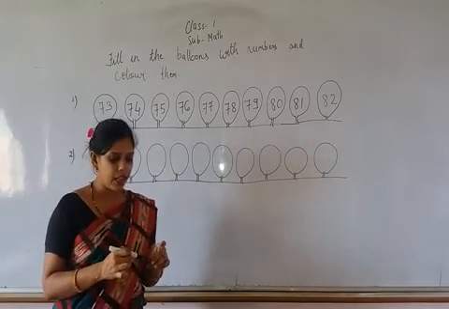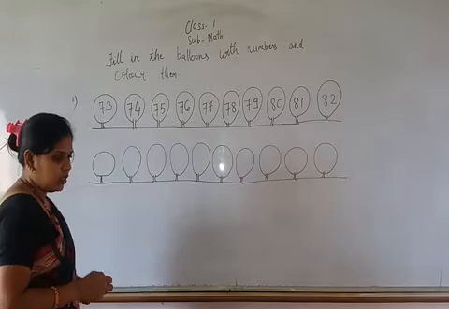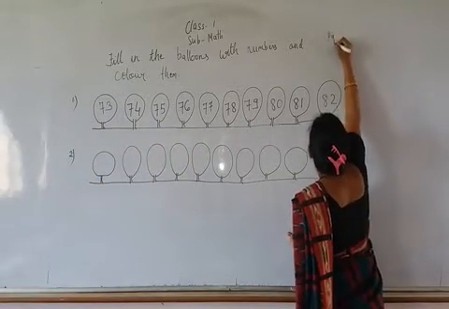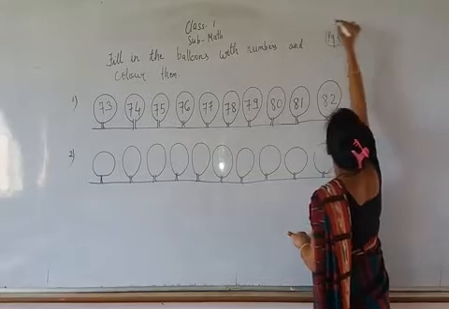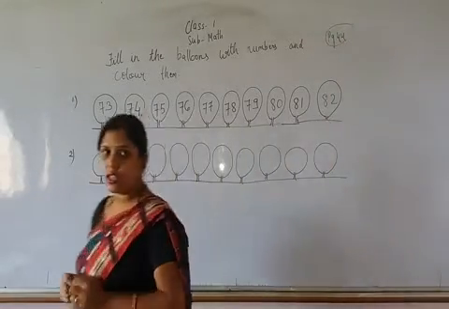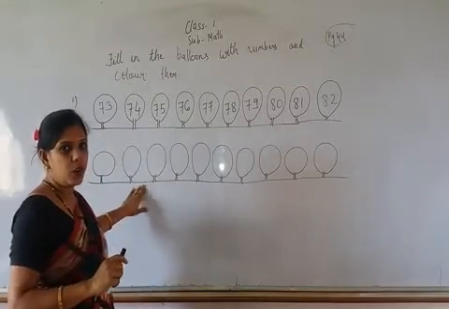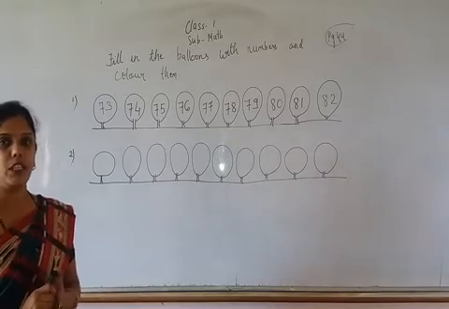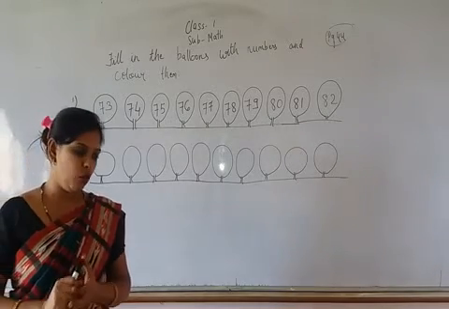All are writing. Good. Now this exercise is given on page number 44 in your maths book. The question that we are doing here is given on page number 44.